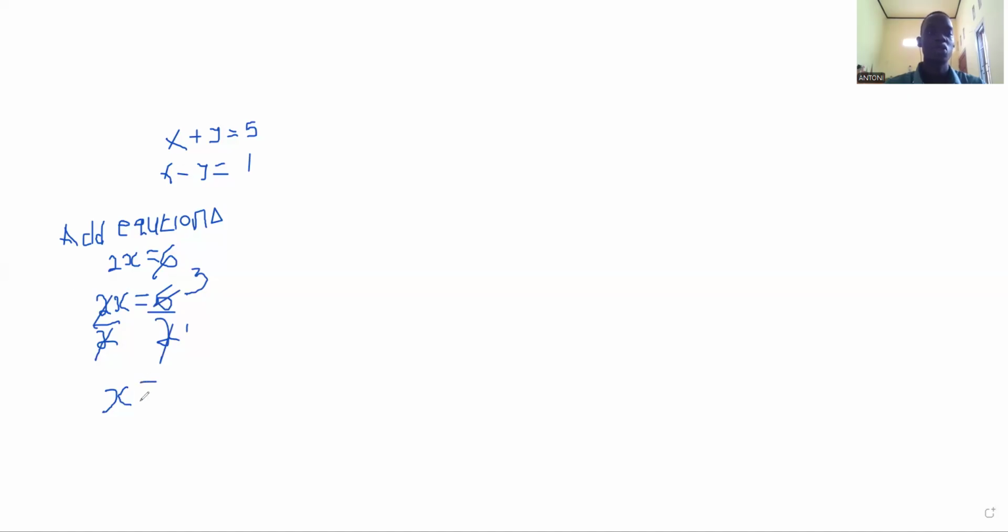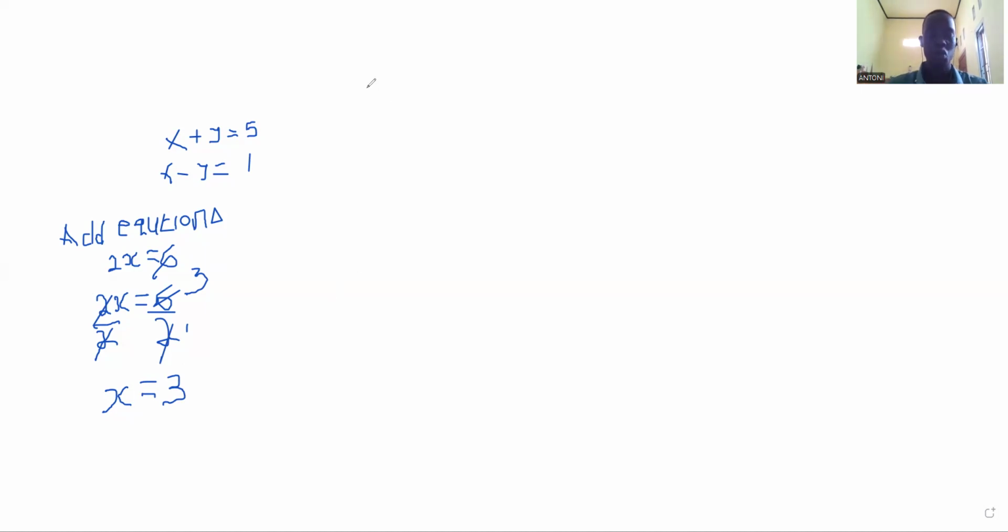So we get x is equal to 3 in the first equation.